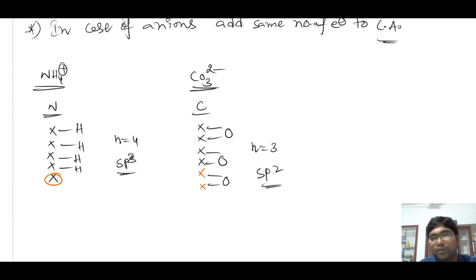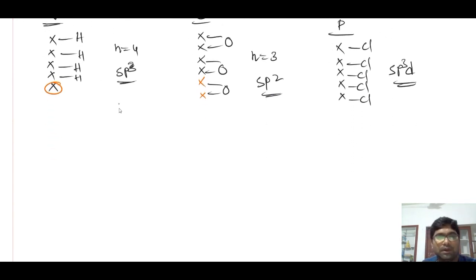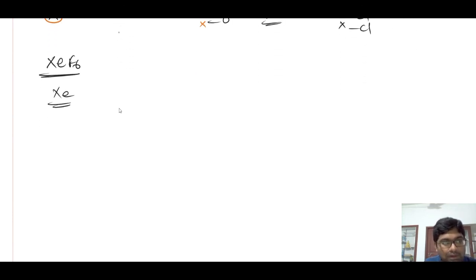Next, I am going with another example, PCl5. The central atom is phosphorus, which has 5 electrons in the outermost orbit. The surrounding atom is chlorine, so the 5 chlorines form 5 sigma bonds, which means the hybridization is sp3d hybridization. Next, if you take XeF6, xenon is the central atom, so it has 8 electrons in the outermost orbit.